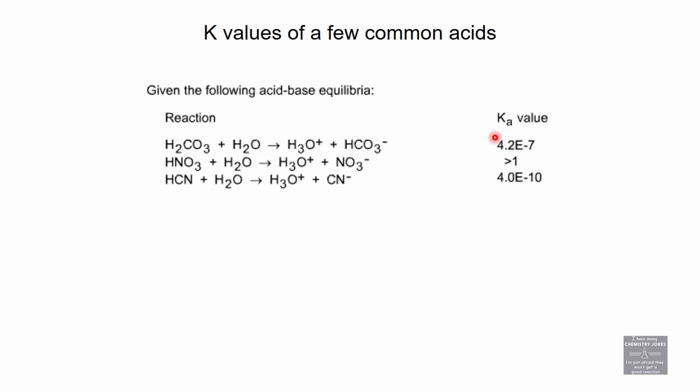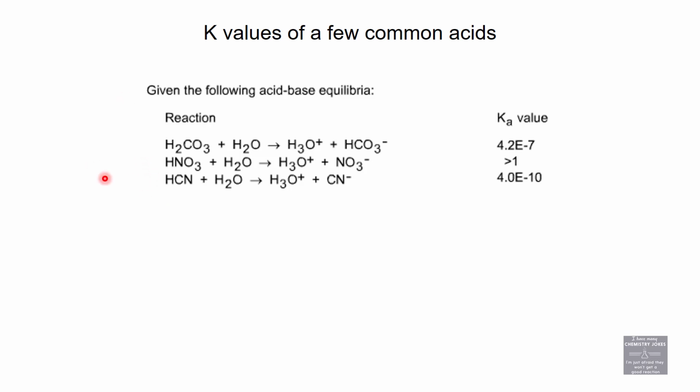So this guy is a small K value, so that means that this equilibrium process does not produce much product. This middle one has a greater than 1 Ka. It means this produces a lot of product. This bottom one has the smallest K of all. It produces the least product.